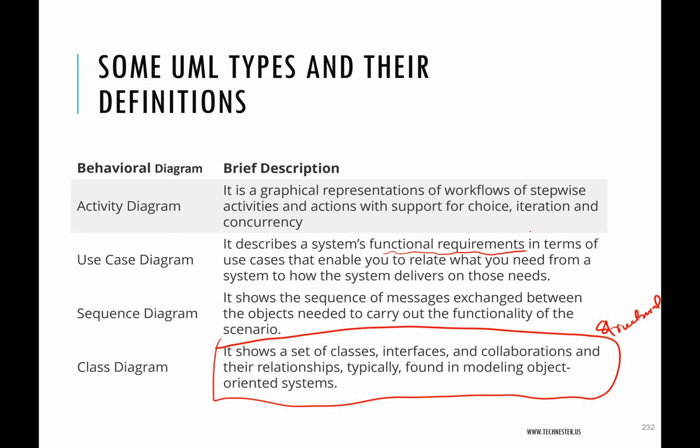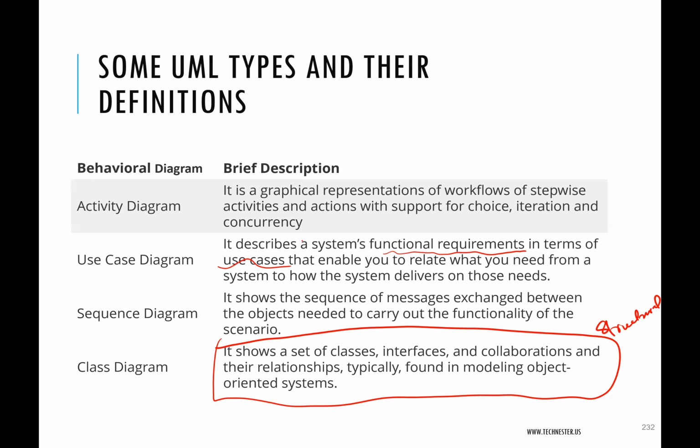Remember, functional requirements are the things the system will do, the things the system needs to do, the functionalities of the system. So it represents those as use cases that enable you to relate what you need from a system to how the system delivers those needs.